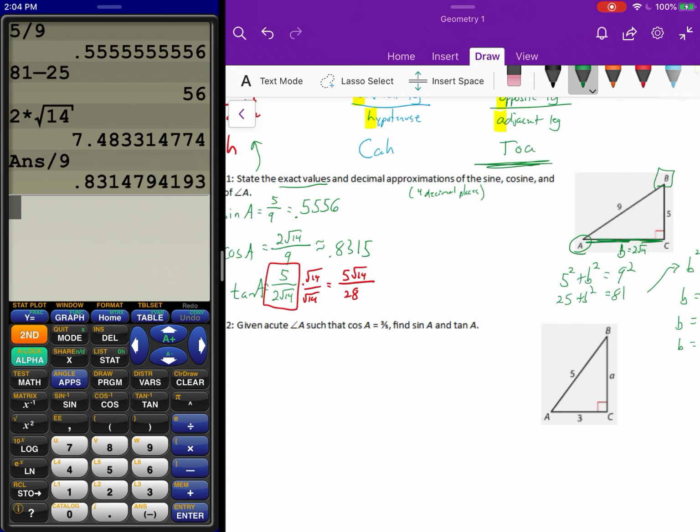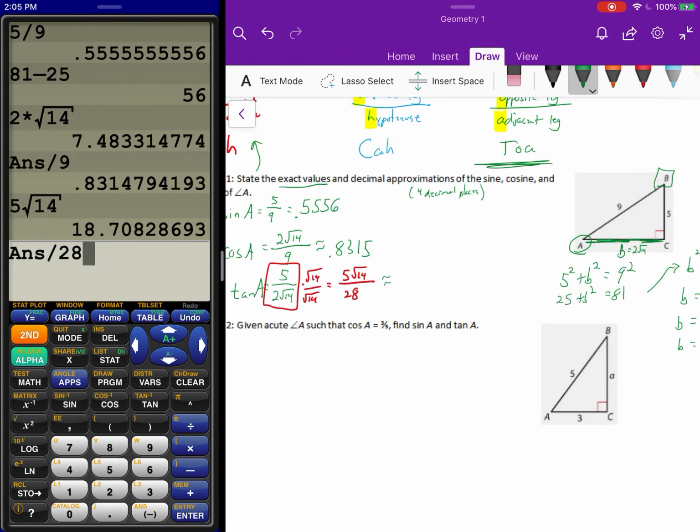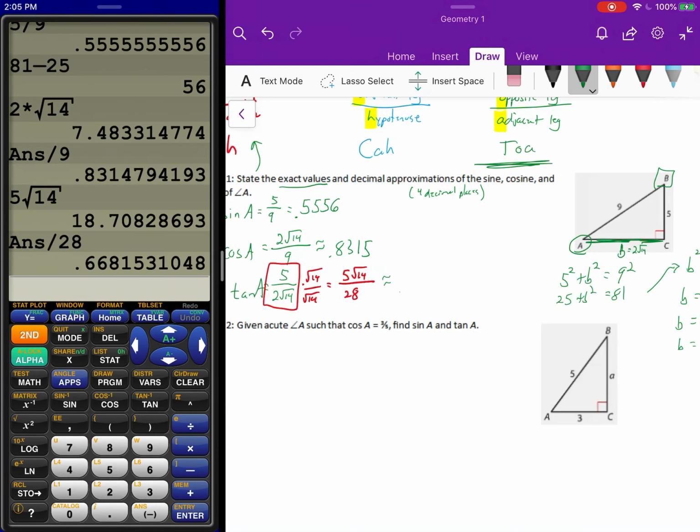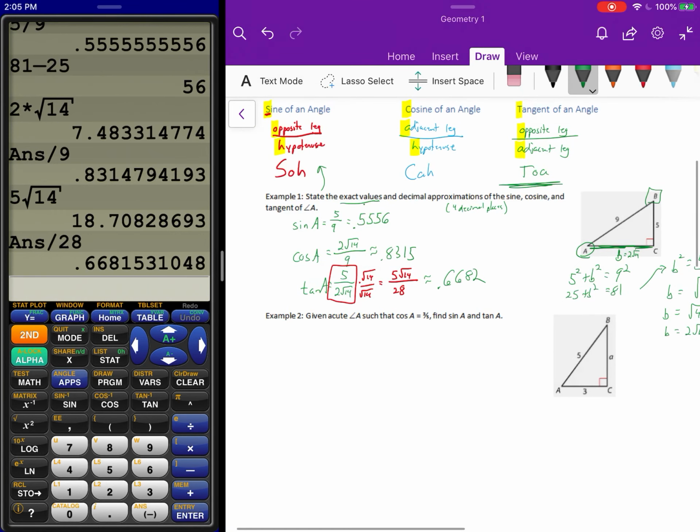There's the exact value of tangent of A, which I wrote incorrectly. I should have had A there. And we can find that, so 5 times the square root of 14 divided by 28 would be 0.6682. So we found the exact values and the decimal approximations for sine, cosine, and tangent of A.